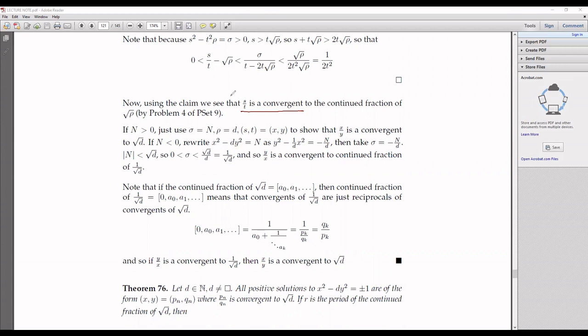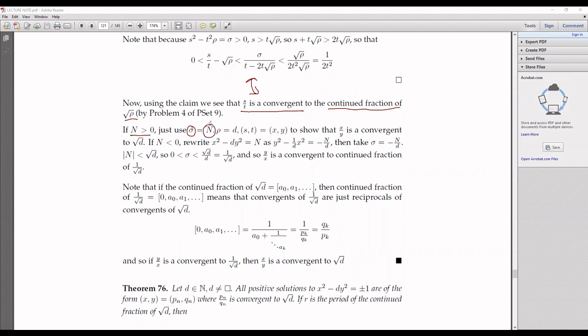As I said, they did not provide a proof, but using that contradiction, we can fill the voids in between these two steps. And after that, it will be proved that S by t is a convergent to the continued fraction of root rho.